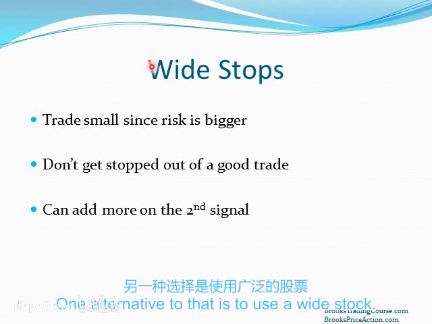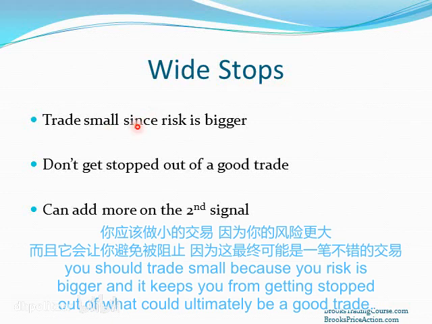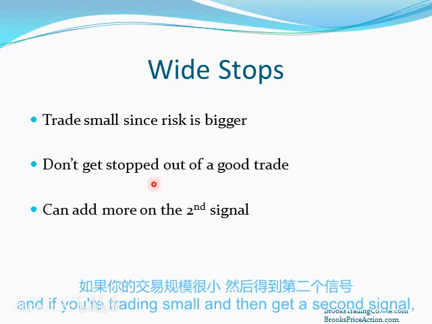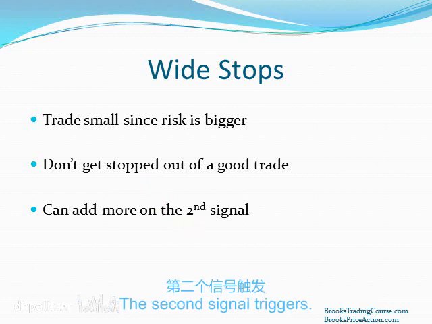One alternative to that is to use a wide stop. If you're using a wide stop, you should trade small because your risk is bigger, and it keeps you from getting stopped out of what could ultimately be a good trade. And if you're trading small and then get a second signal, you can put the rest of your position on once the second signal triggers.